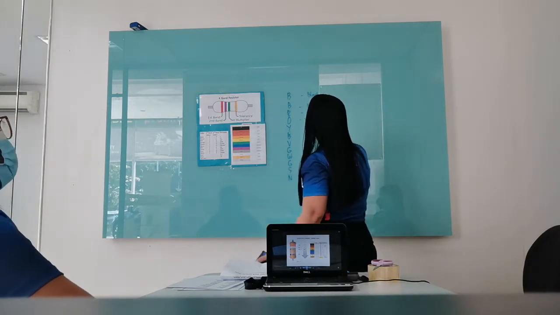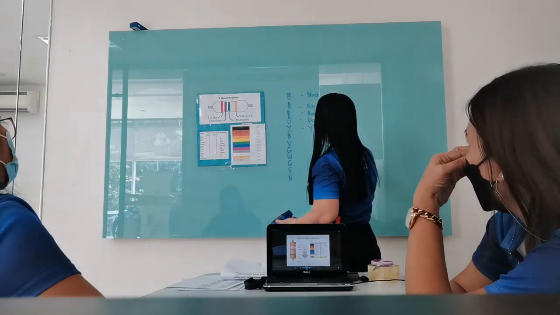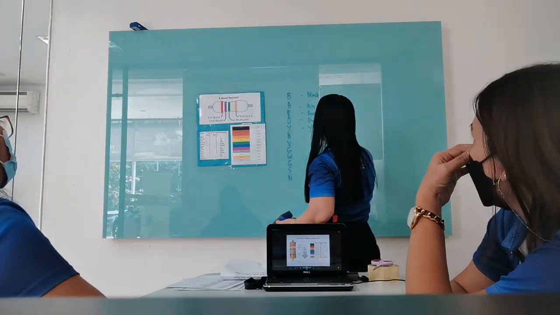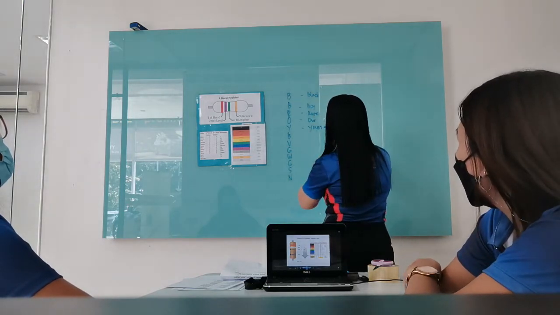So that is for the B: black, boy, raped, our. Do you know the abbreviation for this? That is bad boy raped our young girl.